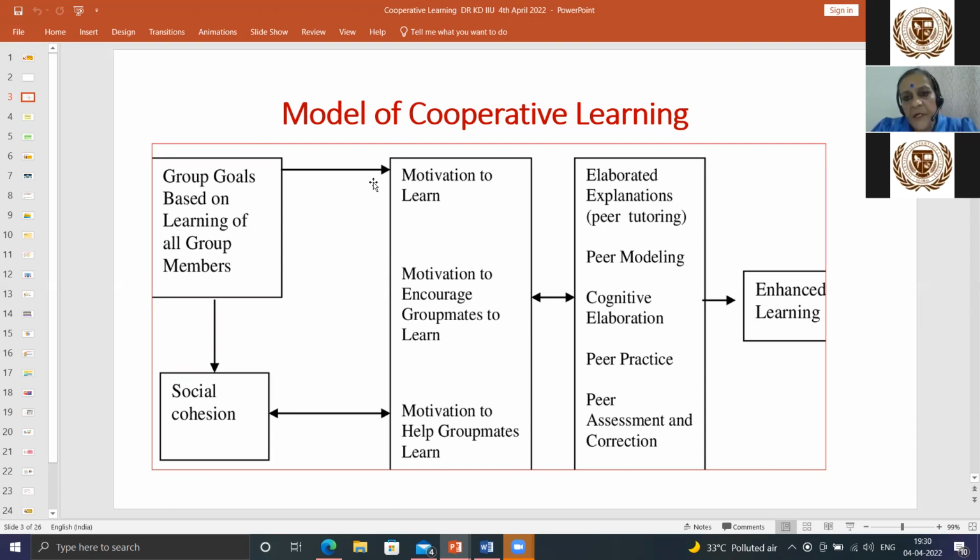And then elaborated explanation. This is called peer tutoring and peer modeling, cognitive elaboration, peer practice, and peer assessment, as well as connection. It is also the group goal based on learning of all group members. So there must be social cohesion.